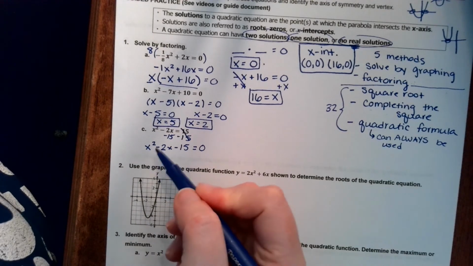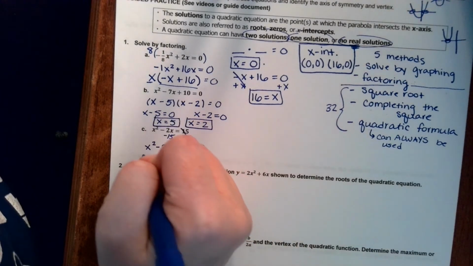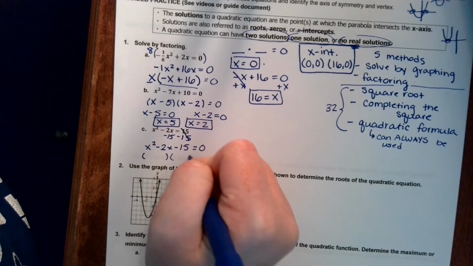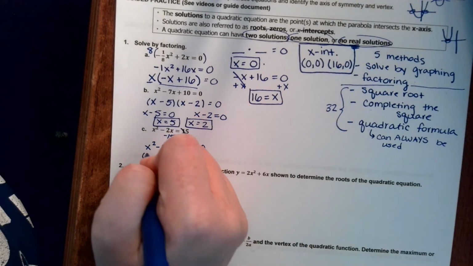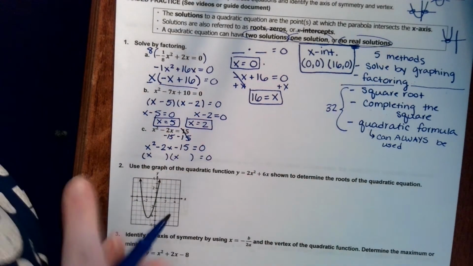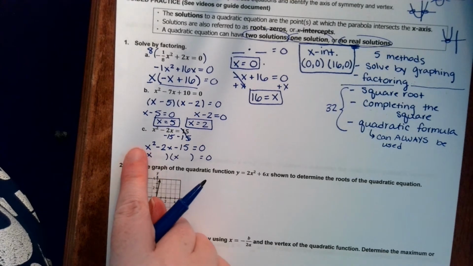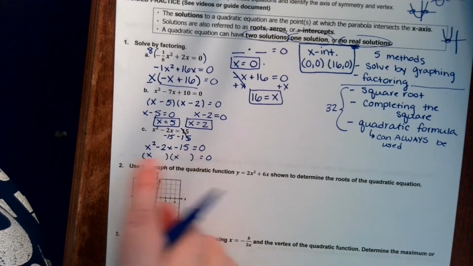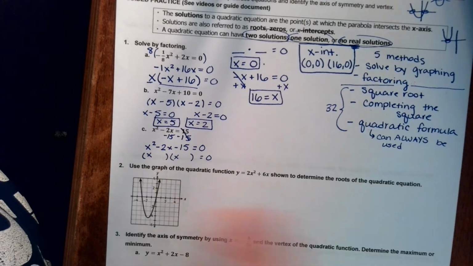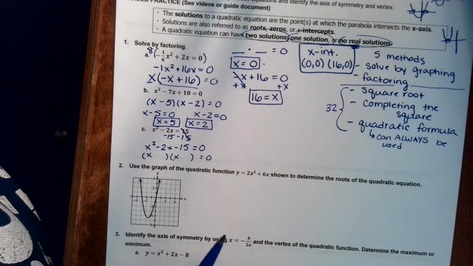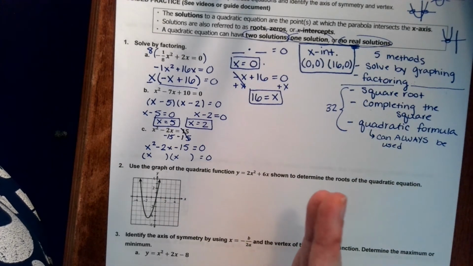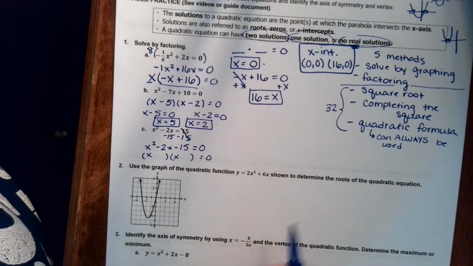Okay, so let's see. If I go to factor this, let me set up my binomials with x and x. Now remember, if you have a number in front of the x squared, you're not going to go straight to x and x. I would use the box method, and I can do a quick video on that if we need to.